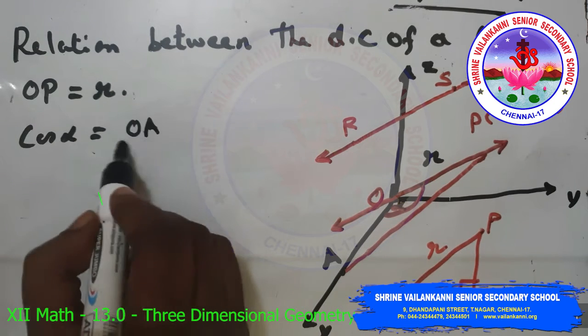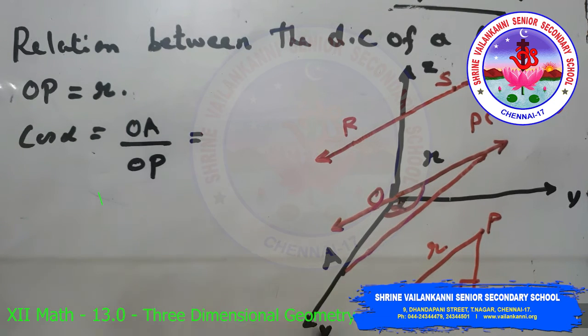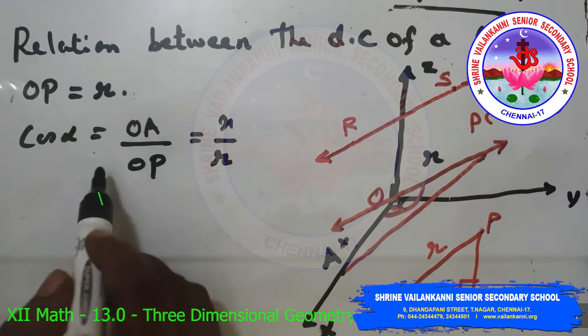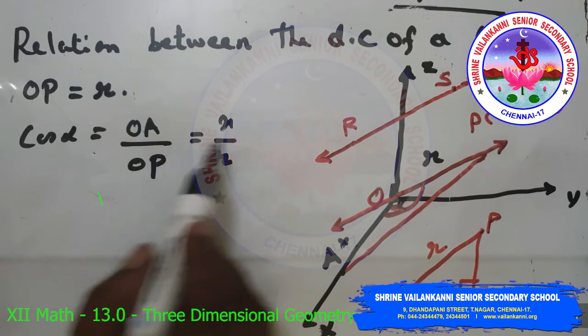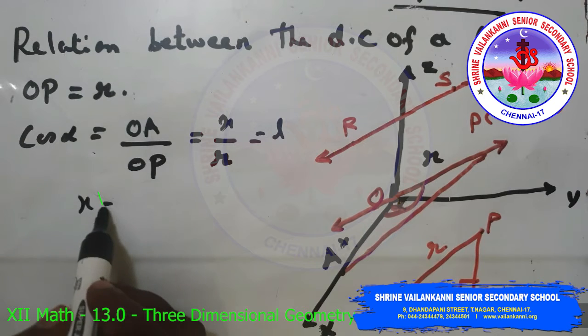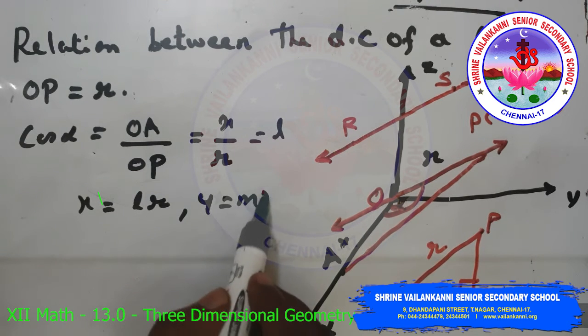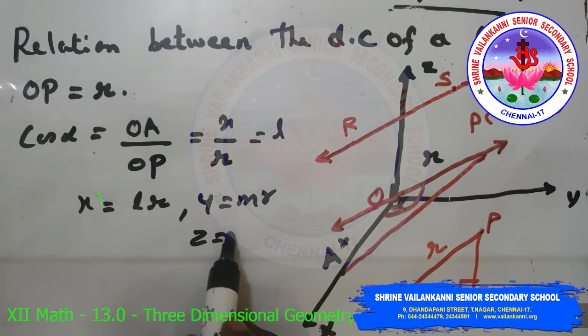OA is along the x-axis, so OA is x and OP is r. This gives cos alpha is l, so x equals lr. Similarly y equals mr and z equals nr.